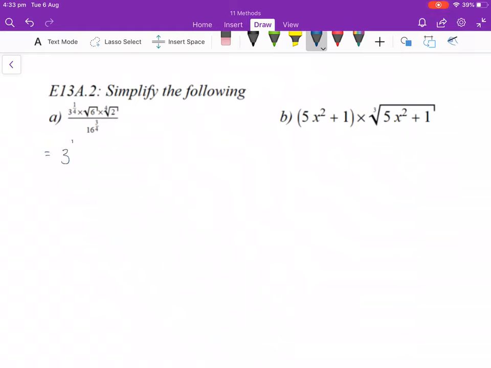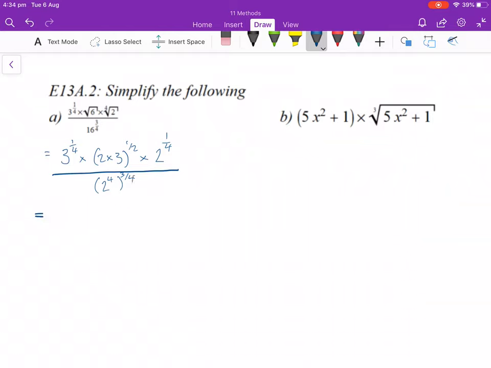So we've got 3 to the power of 1/4 times 2 times 3 to the power of 1/2 times 2 to the power of 1/4. And all of this is over 16, so that would be 2 to the power of 4, to the power of 3 over 4.